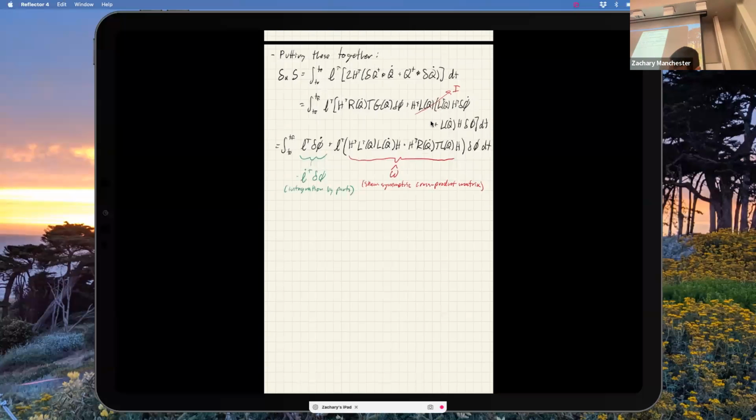So at the end of this, you get this thing equals delta phi transpose times L dot plus omega cross L, dt, equals 0 for all delta phi. And then you say, okay, cool. This means L dot plus omega cross L equals 0. And if I plug in the definition of L from above, I get the Euler equation that I was after.